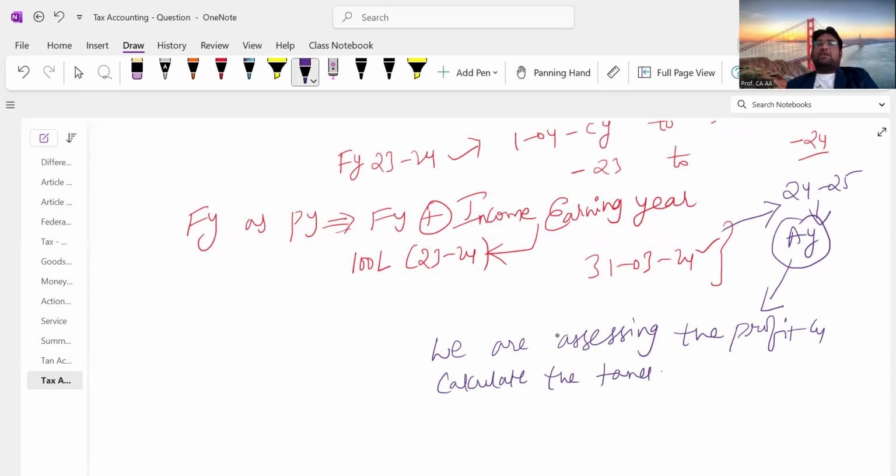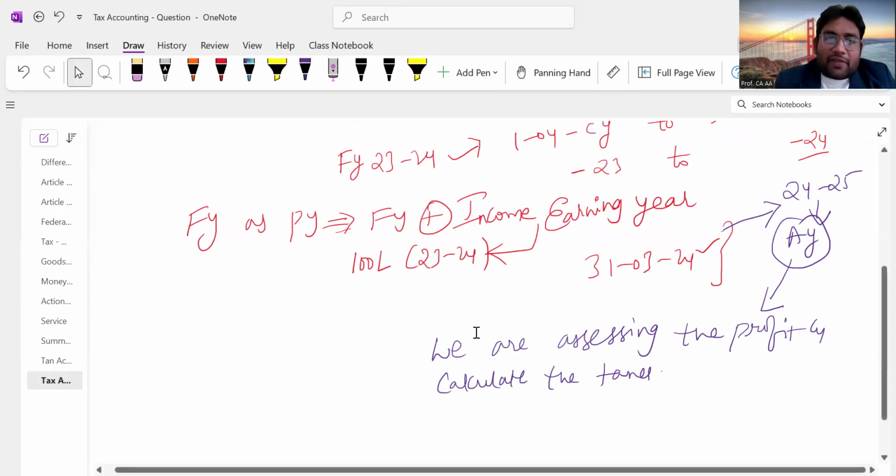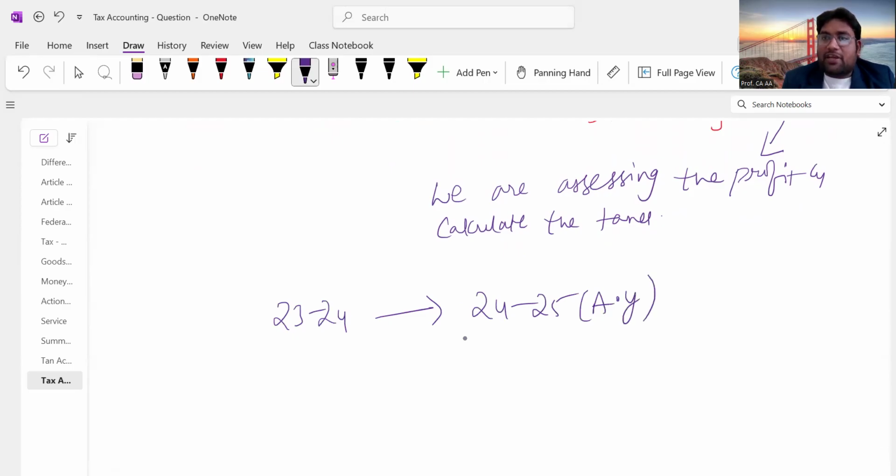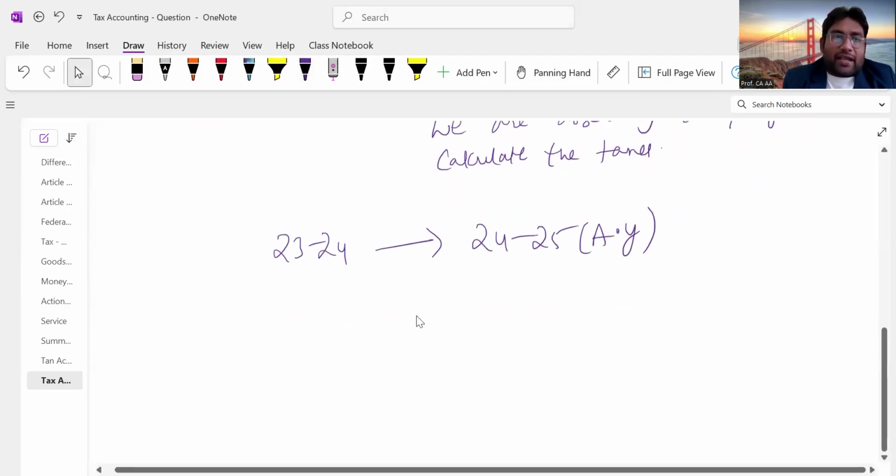So the conclusion is that for the 23-24 financial year, we pay tax in 24-25, which is called the assessment year. The assessment year is next to the financial year, or the previous year. That is the takeaway point.